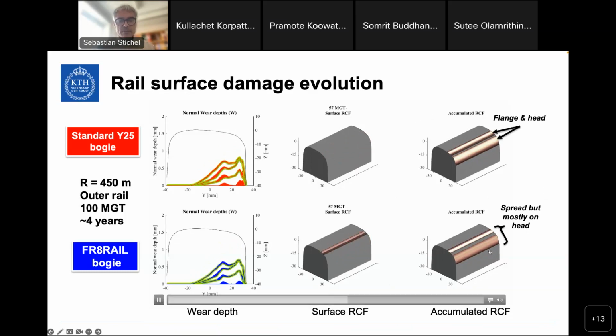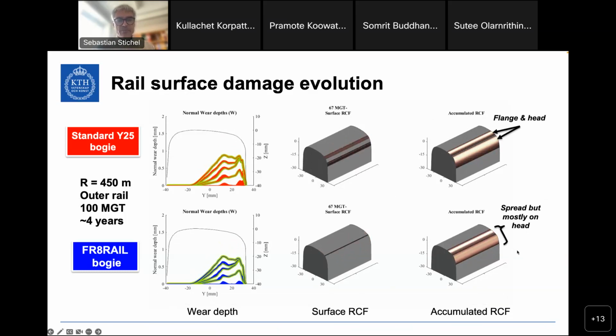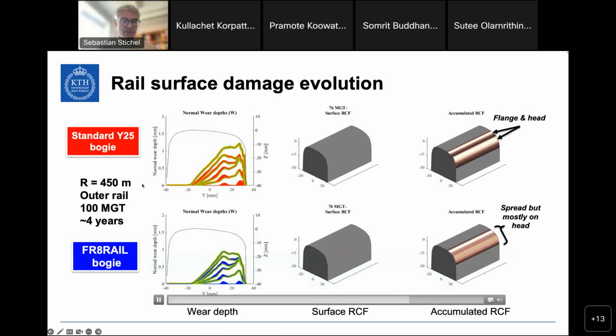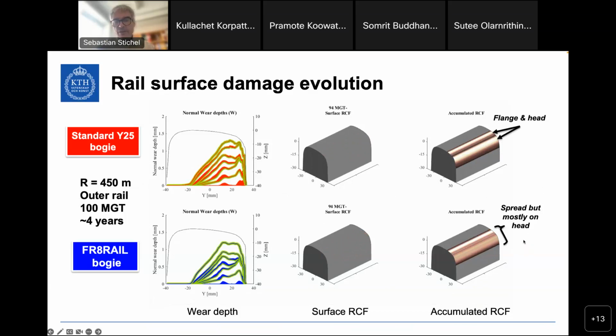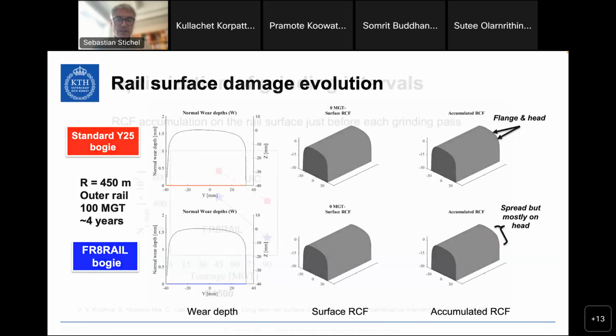For the new Freight Rail bogie that has better curve steering properties, in this 450 meter curve for example, the crack initiation is much more spread out, and you will not have the severe cracks that you have with the standard bogie. So you can very easily assess how the bogie design influences the damage development on the rail.